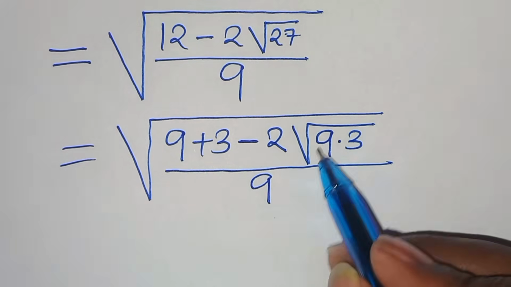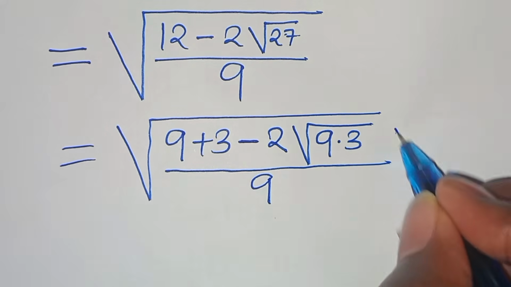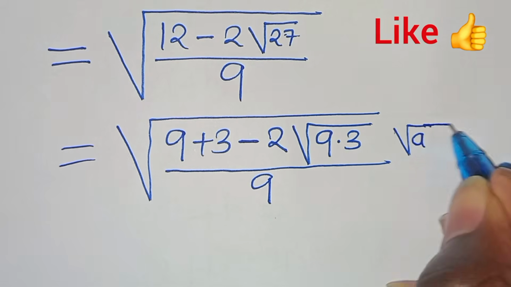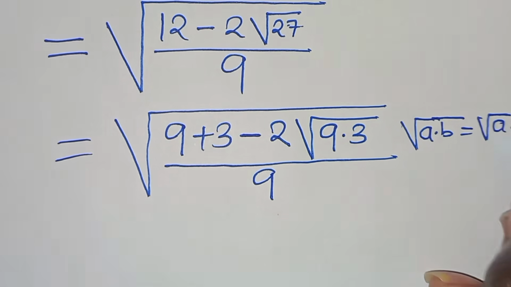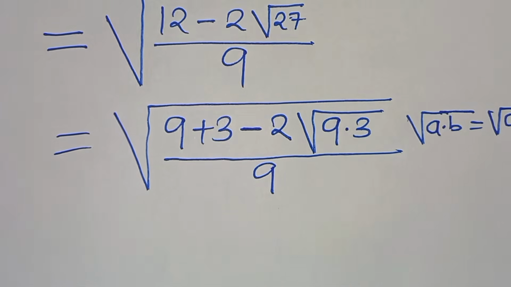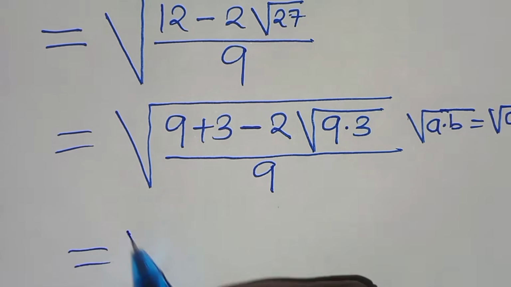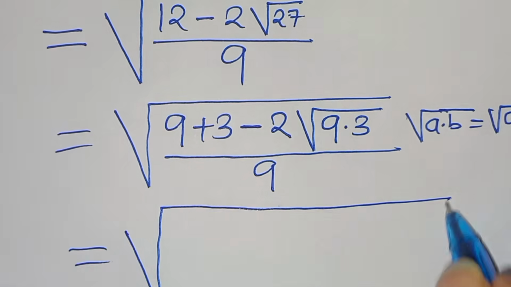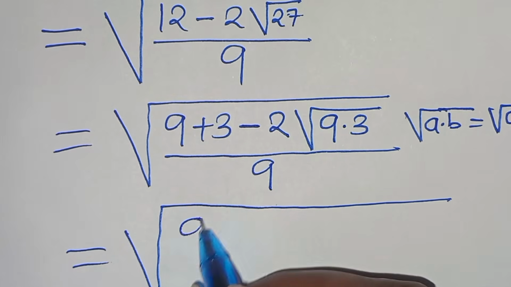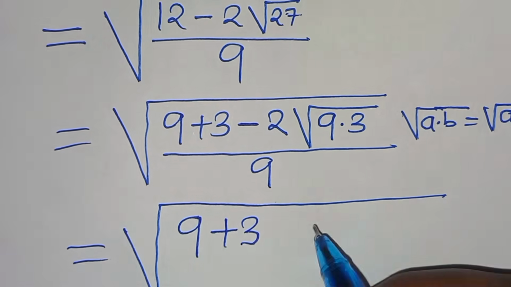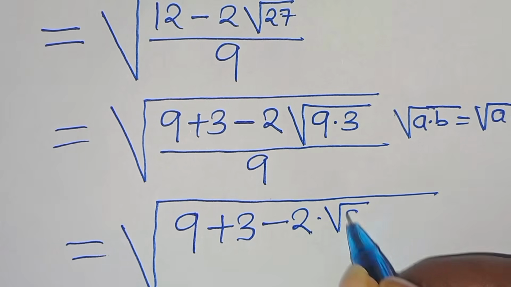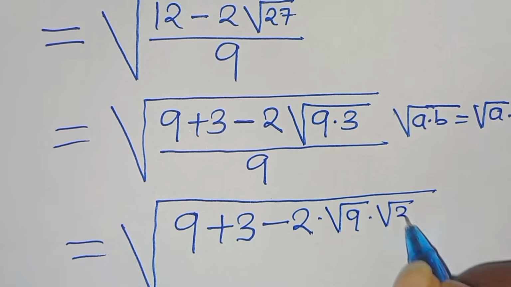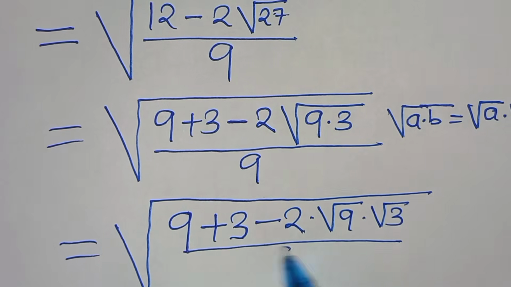Now, square root of 9 times 3 is in the form of square root of a times b, and this can be expressed as square root of a times square root of b. So that now, here we have square root of 9 plus 3 minus 2 multiplied by square root of 9 times square root of 3, everything here divided by 9.